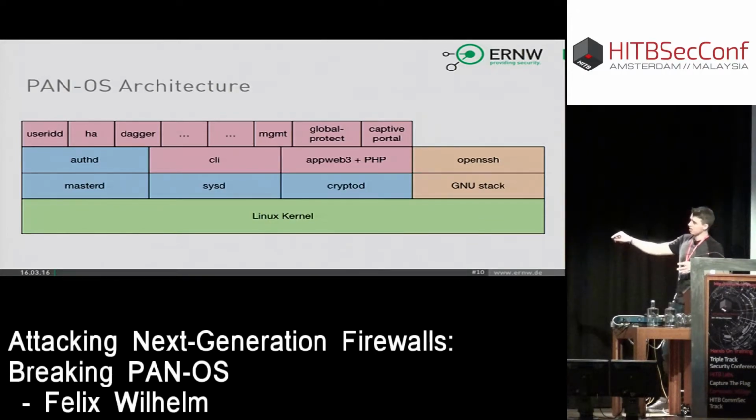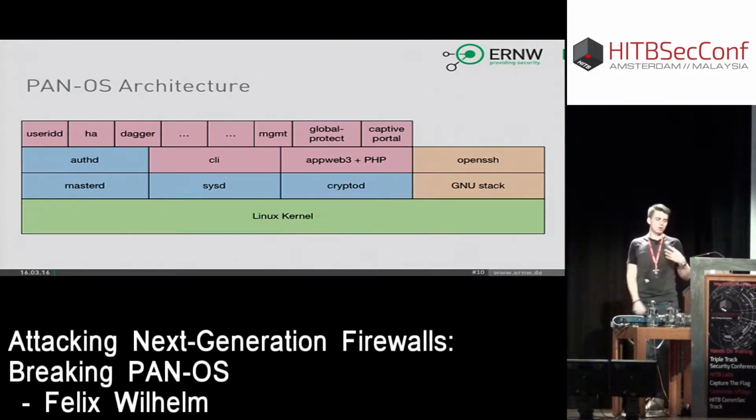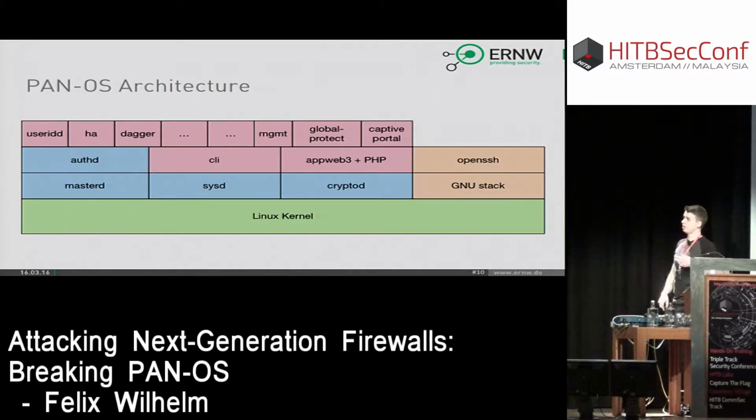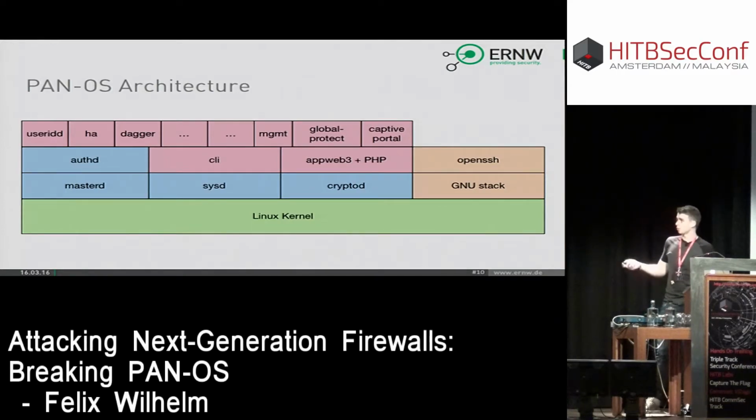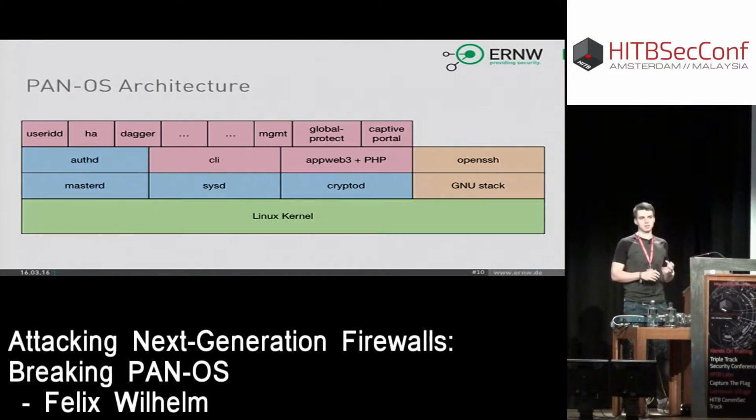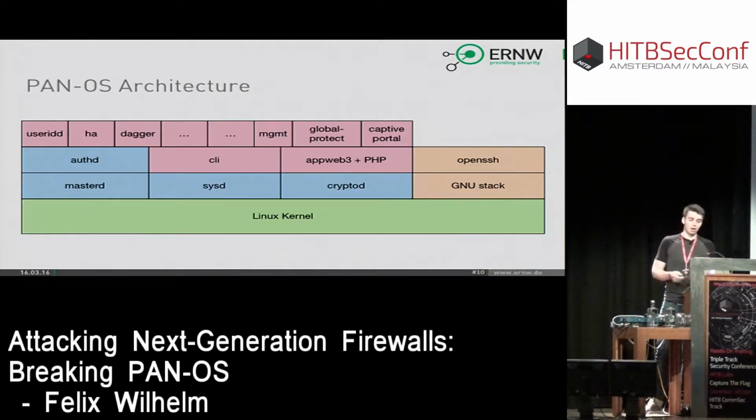There are about 4 core services, or daemons, used as a core for the communication of the other components. For example, you have this auth daemon, which is the authentication daemon. It's responsible for all the authentication in the whole system, be it a login to the management interface, a login to the command line interface, or even a login to the VPN. You have the crypto daemon, for example, which has support for hardware security modules.